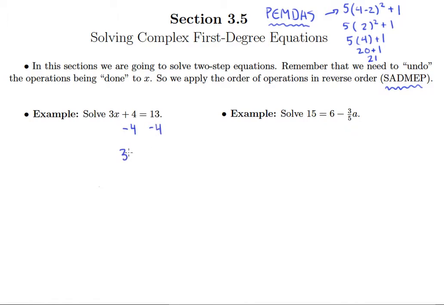So that leaves me with only 3x on the left side and 9 on the right side. And then of course we need to get rid of that 3. We're multiplying by 3, so I can get rid of it quite easily by dividing both sides by 3. So I end up with x equals 3.